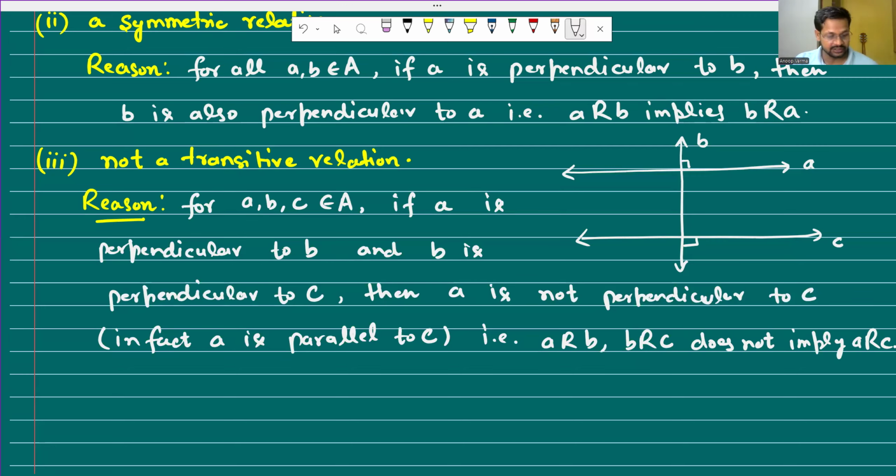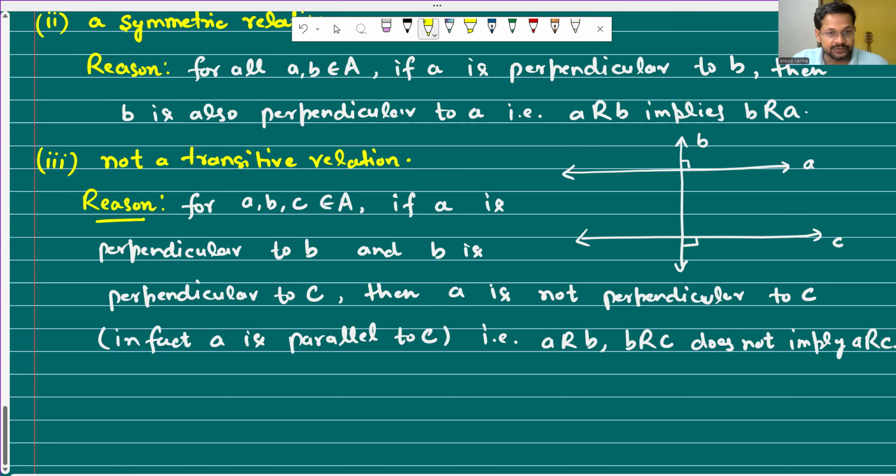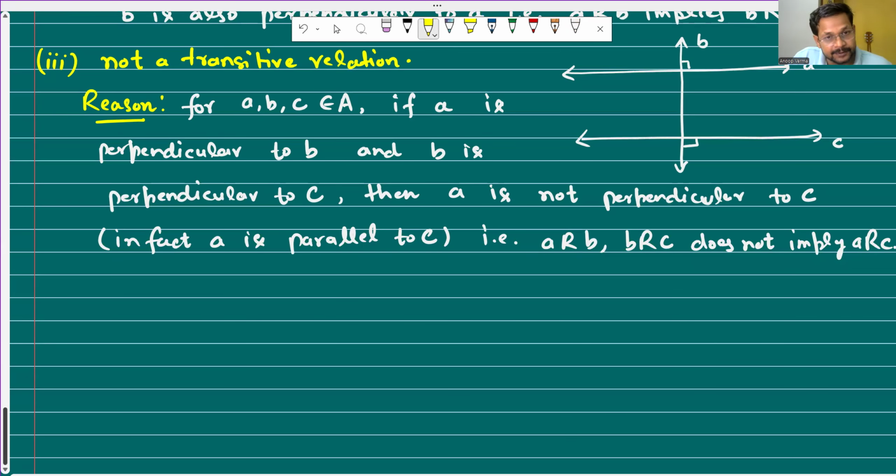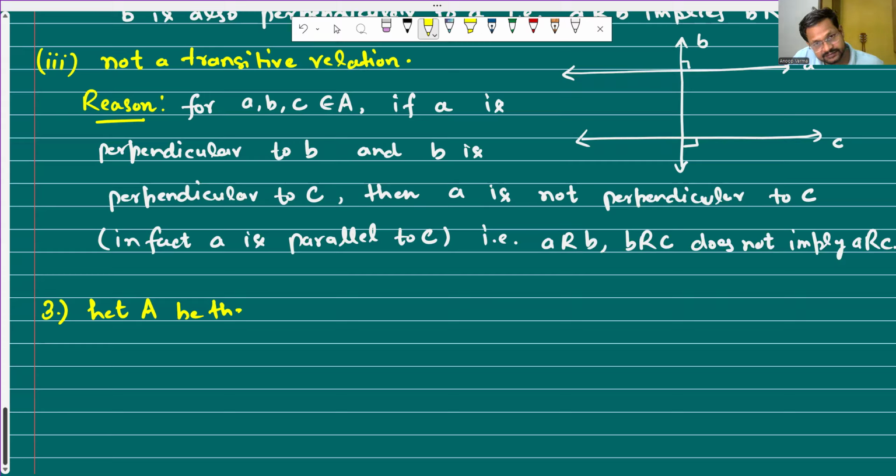ओके, नेक्स्ट एग्जांपल की तरफ बढ़ते हैं, एक दो और एग्जांपल्स देख लेते हैं ताकि हमारी डिफिनीशंस क्लियर हो जाएंगी. ओके, so let's discuss about third number example. So let A be the set of all real numbers. हम रियल नंबर सेट के ऊपर काम करेंगे.